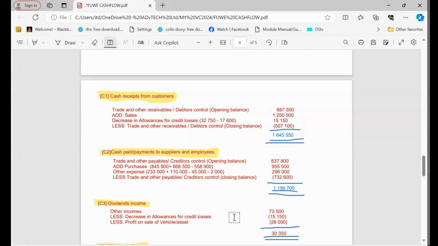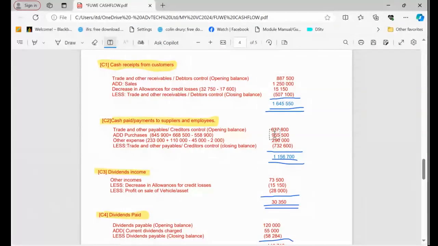Okay, the first one, the cash receipt, is it the same? Yes, it's the same. Now check if our figures are different from theirs here. Okay, check the memo. Do they have 637,800? Yes, they do. 955,500? Yes. 296? Yes.